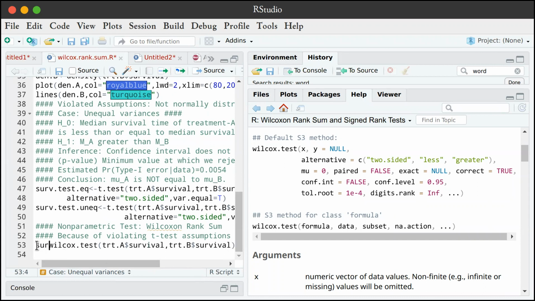So I'll call it survive.wc. Comparing survival times for treatment A against survival times for treatment B. Objective, median for A bigger than median for B. Why? We want to come to a conclusion that is appropriate.